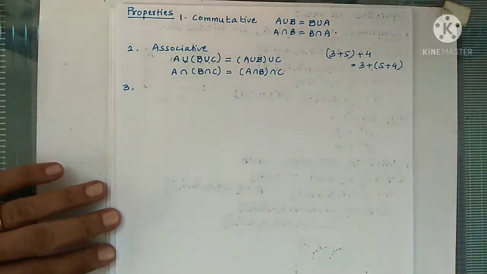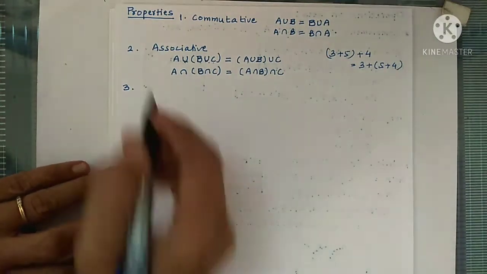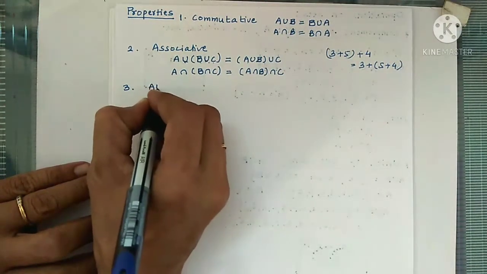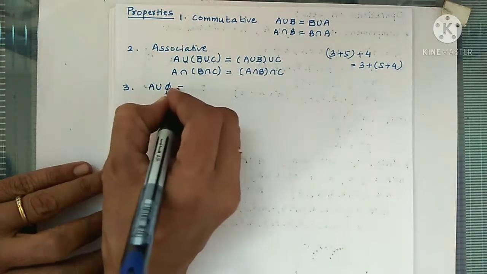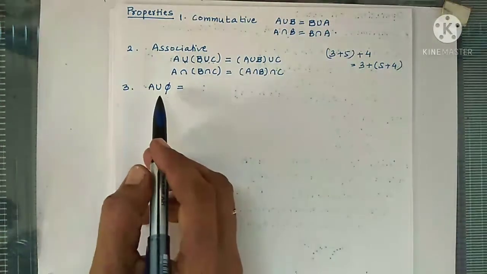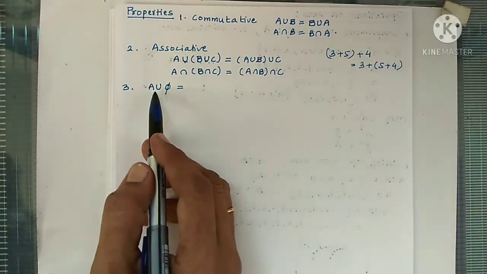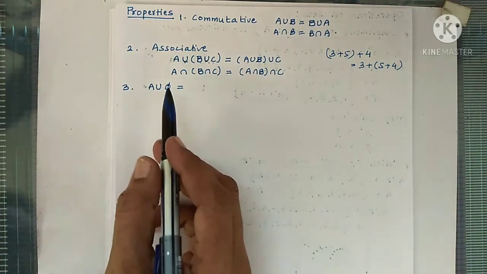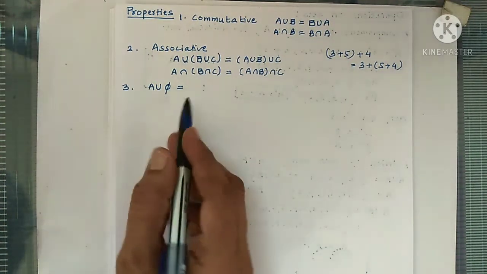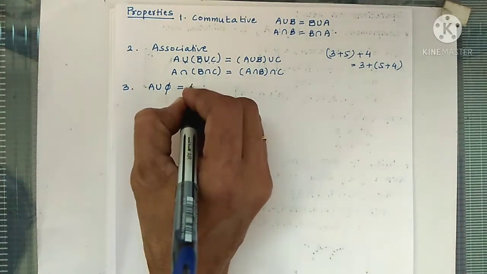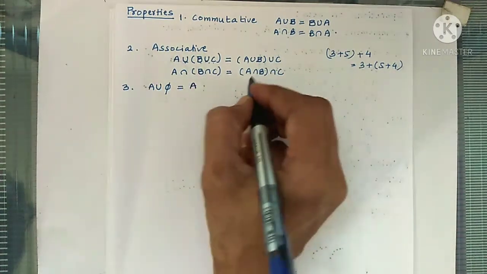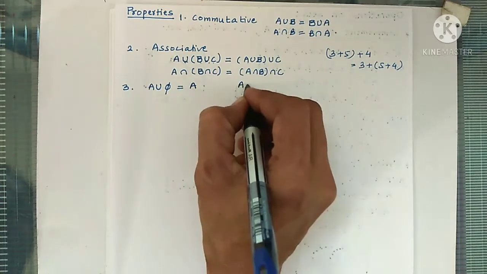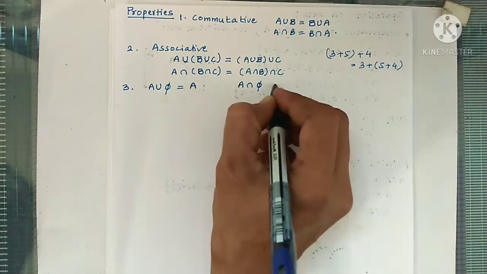Now the third property is, you can see, A union phi. So what is A union phi? A union phi means first we write all elements of A and then elements of phi, the empty set. So we are not going to write any elements. So the elements which are there are elements of A only. So A union phi is A. If we want to write down A intersection phi, then what happens?